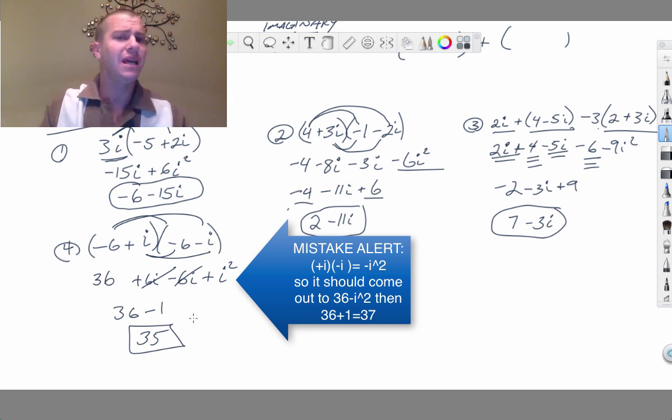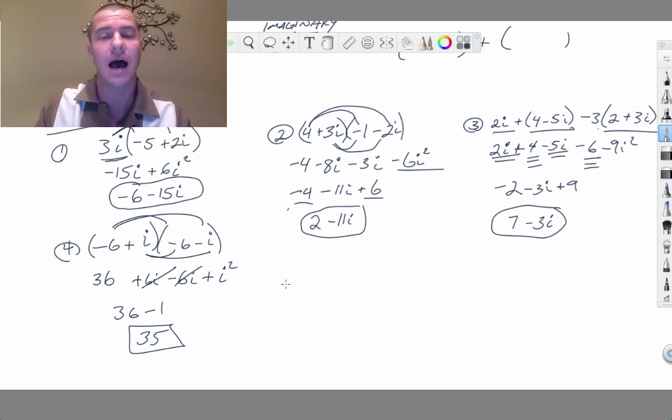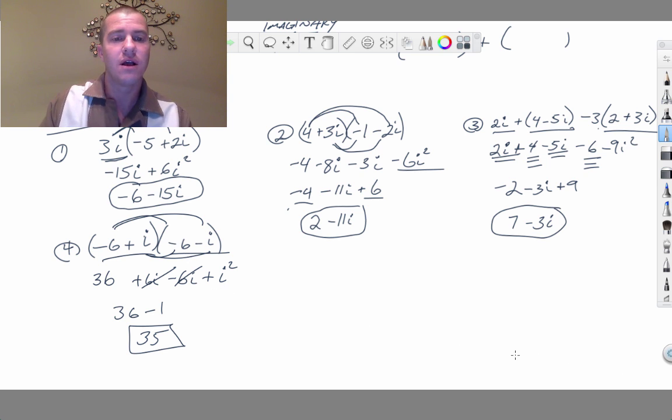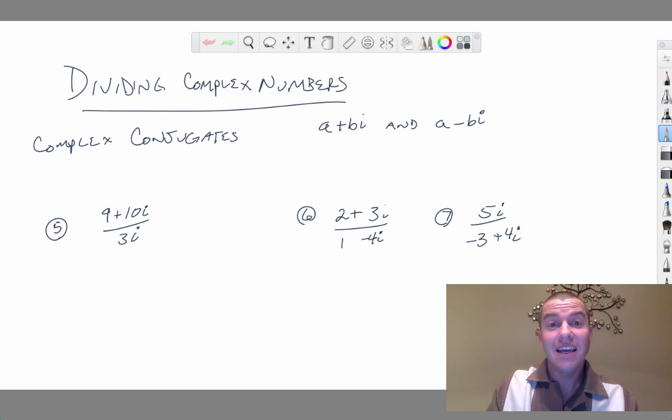Well, what happened here is that when I multiplied these two complex numbers, it came out to a real number, a number without an i. And the reason is because these two have a special pattern. Negative 6 plus i, negative 6 minus i. When you have that pattern, they're going to multiply to be a real number. And that leads us into the next part, which is dividing.